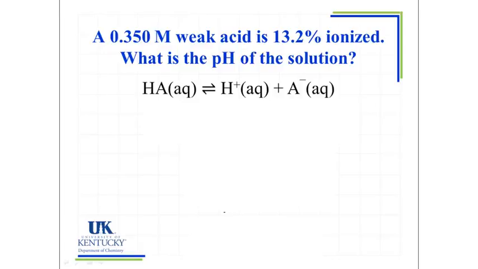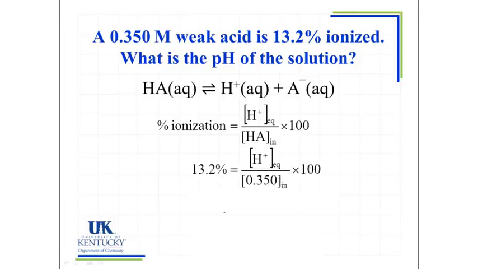Let's look at an example of how we can use this information to figure out the pH of the solution. Here we have HA in equilibrium with H plus and A minus. It's a 0.350 molar weak acid that is 13.2% ionized, and we want to find the pH of the solution. We have our percent ionization is equal to H plus at equilibrium over our HA initial times 100.